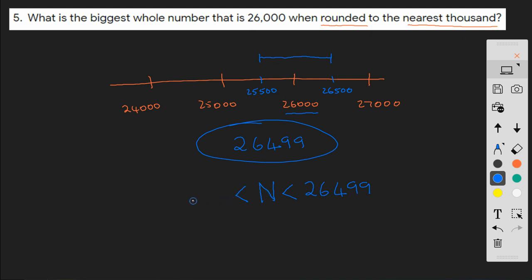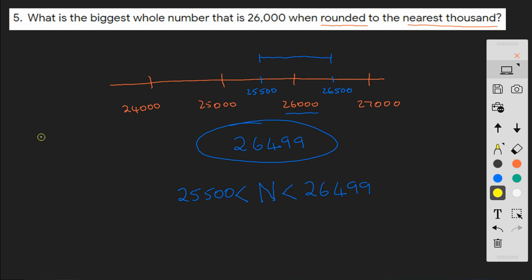Now here we have to write backwards numbers greater than 25,500. So 25,500 is smaller than my number. So my number is bigger than 25,500.